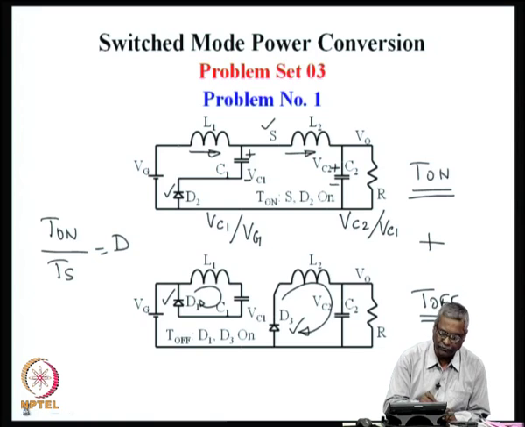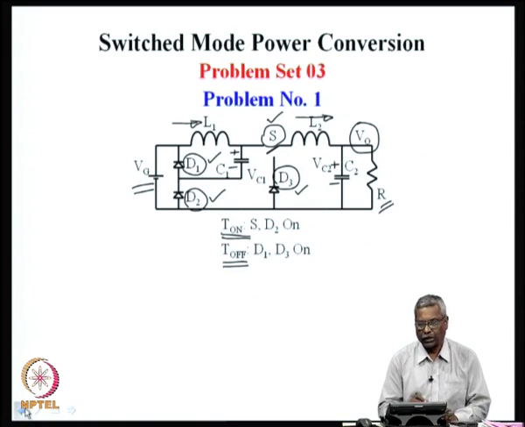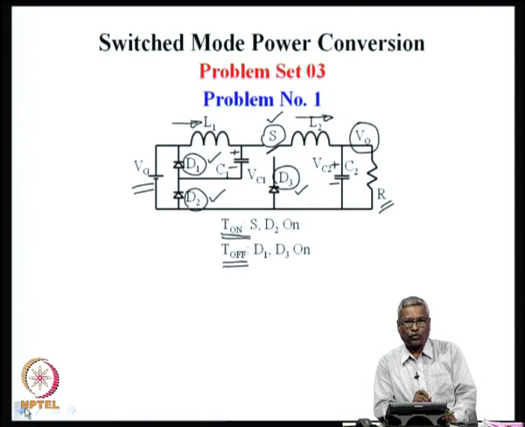problem set as we had given, we are able to find out what is the voltage conversion ratio, and from the input to the output, what are the currents in the various inductors, what are the voltages in the various capacitors.